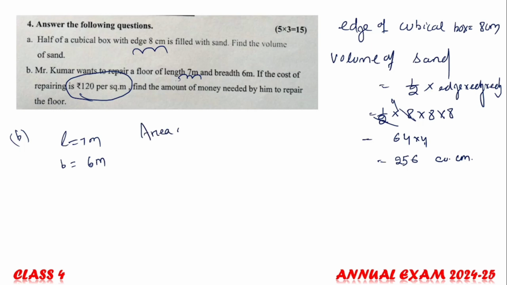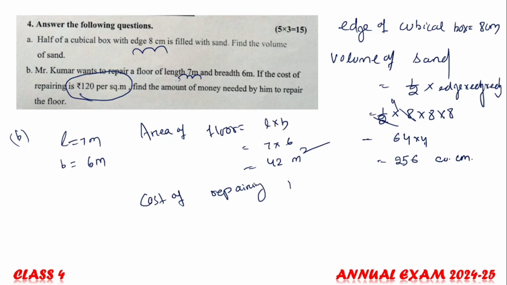So area of floor equals length into breadth, 7 into 6, that is 42 meter square. Now we write cost of repairing 1 square meter equal to rupees 120.